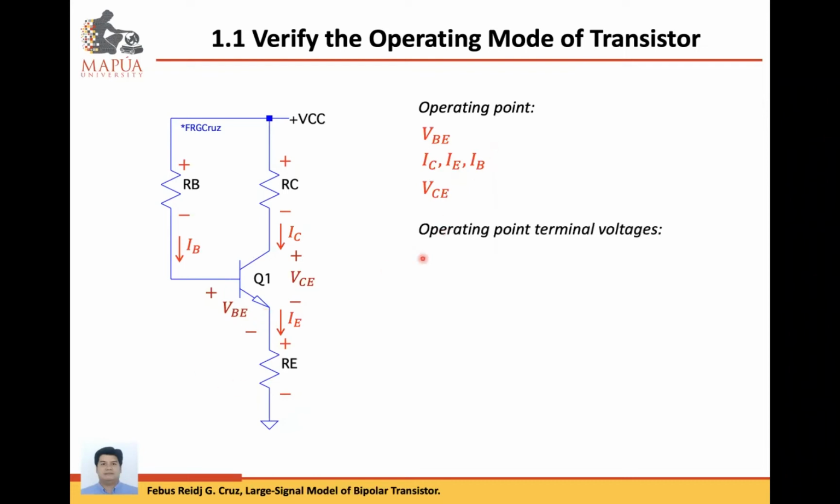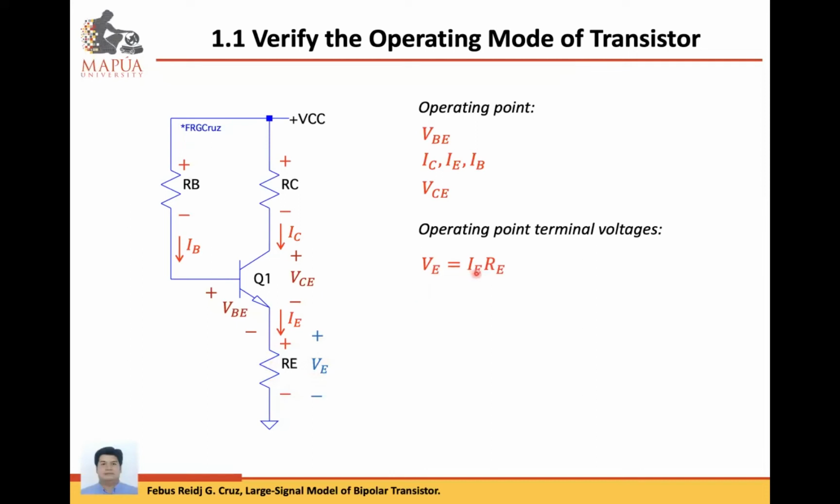So to do that, we need to determine the operating point terminal voltages. We can get the emitter voltage. So from the circuit, we can see that the emitter voltage is the voltage drop across resistor RE. So emitter voltage is just the current multiplied by the resistor.